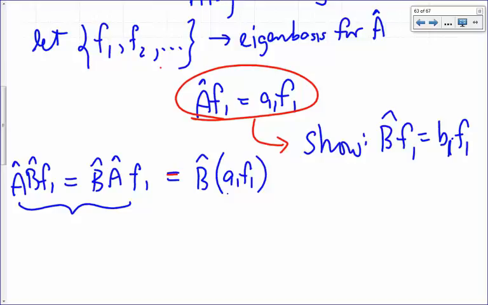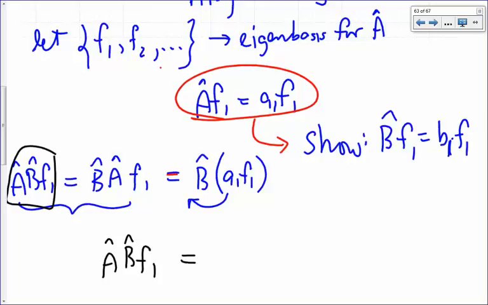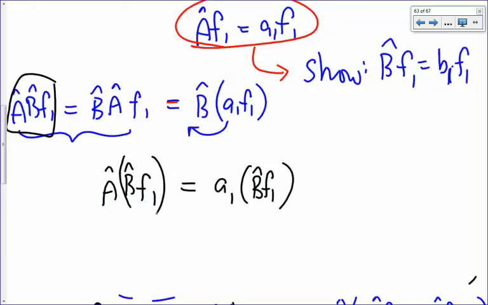Okay, now I can move my A1 up front here, so I can say that this thing right here, A hat, B hat, F1 is equal to A1, B hat, F1. Can you see that?